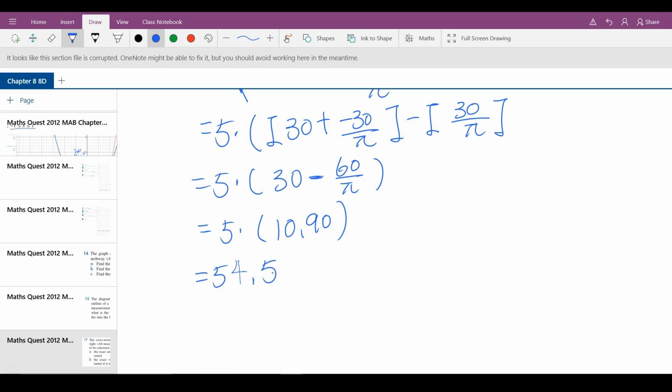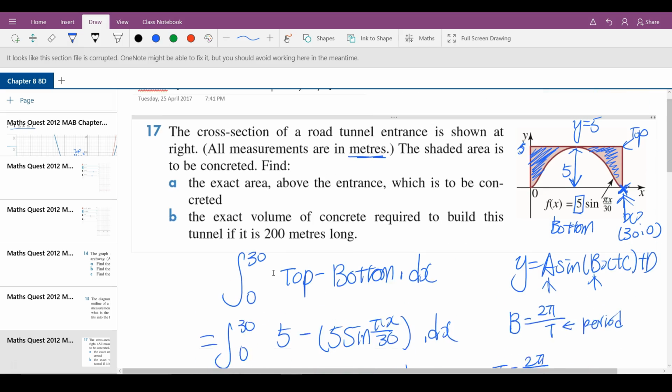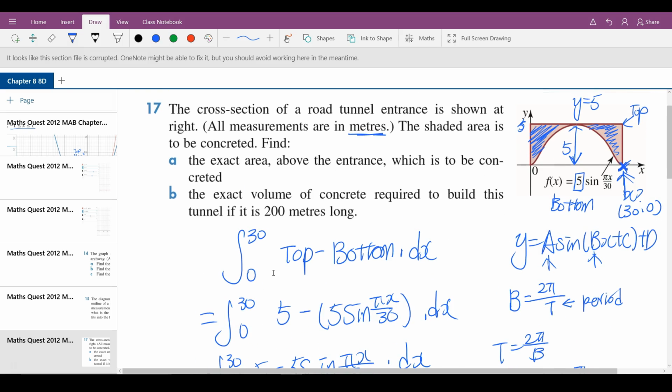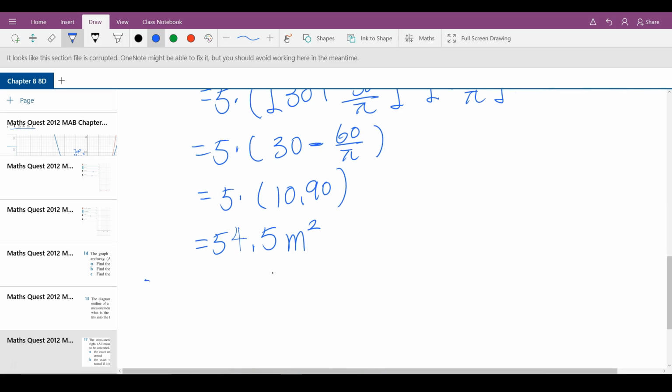And what is the unit? Meter square, because we're looking for the area. So that's the area of the entrance, which is to be concreted. Therefore, since it's approximation, we go to the estimate equal sign.